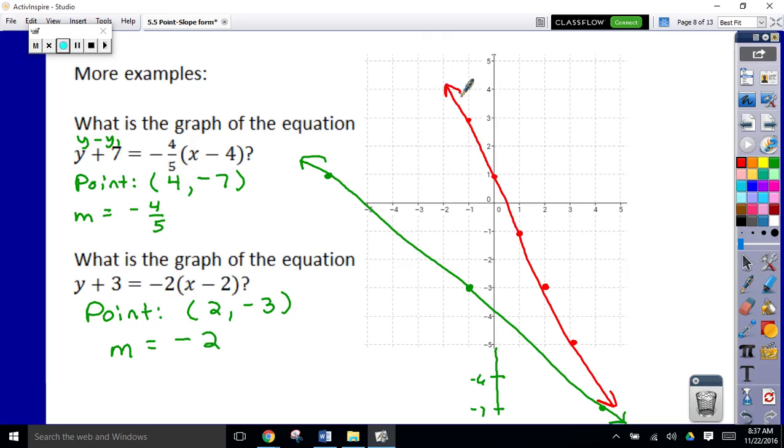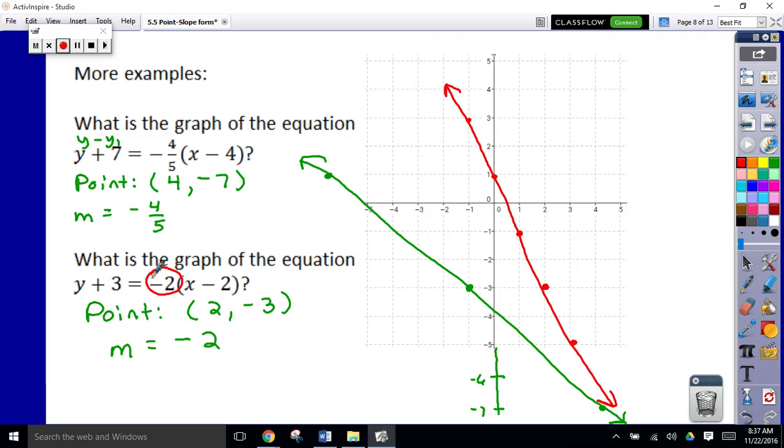Okay, any questions? Go ahead, what's your question? How we got what? The slope of -2? Yes. I got this from how we plotted the slope.